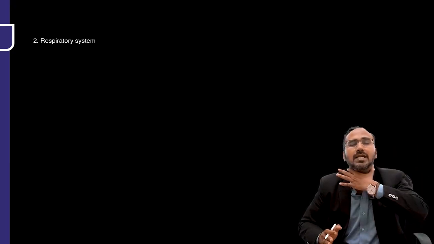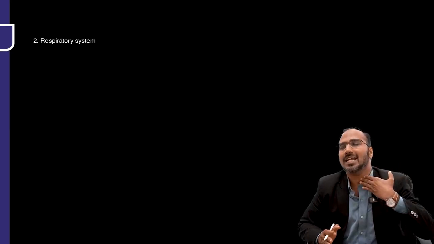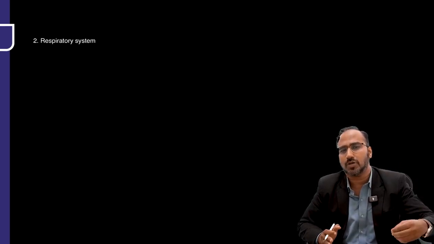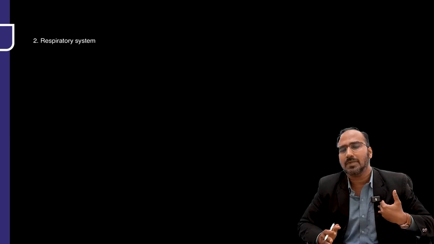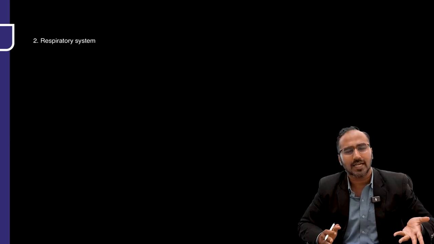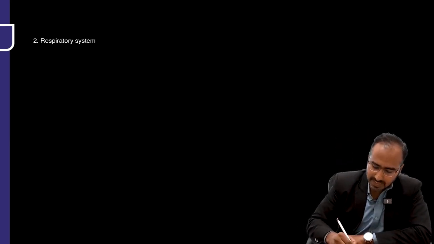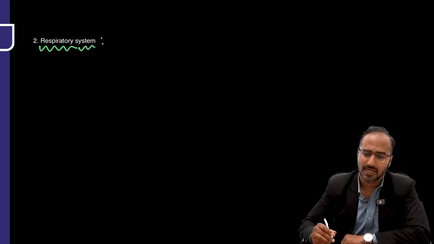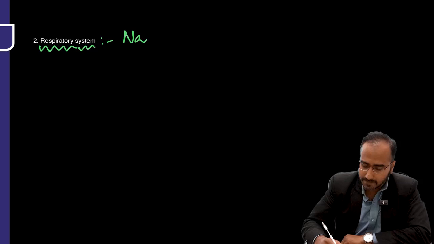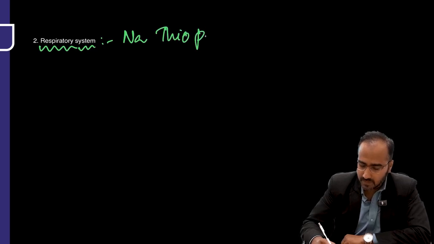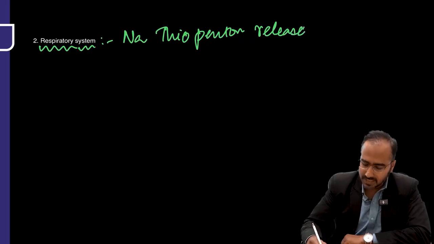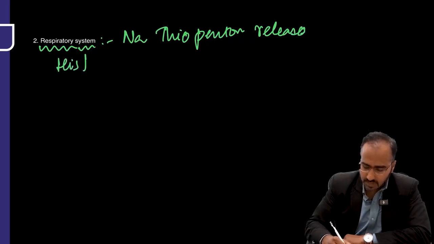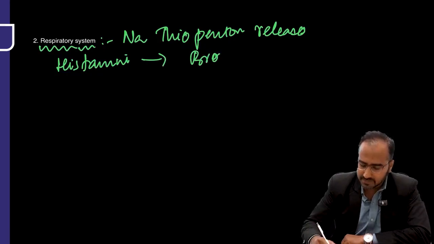CNS is gone. Coming to the enemies. As it is an enemy, it will have contraindication to respiratory diseases. As it is an enemy of cardiovascular, contraindicated in cardiovascular disease. So guys, as it is an enemy of respiratory system, first of all, why it is an enemy, we have to learn it. Sodium thiopentone releases histamine, leading to bronchospasm.